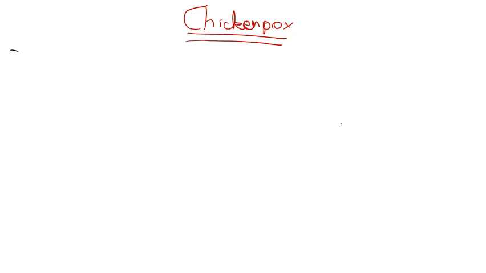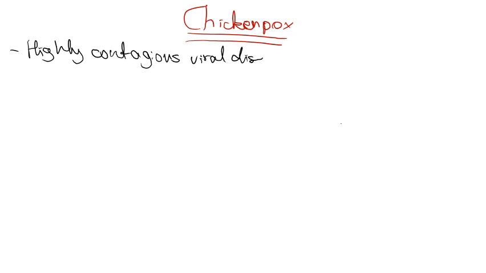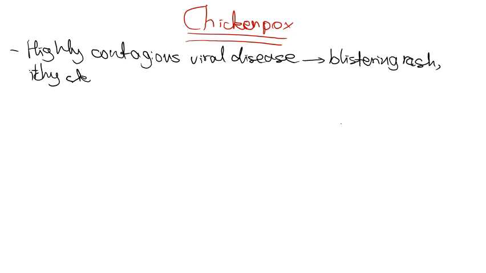So to reiterate and to emphasize, it is a highly contagious viral disease, and how it clinically presents is through a blistering rash, so filled with blisters, itchy skin, and usually a high amount of redness, so red skin.